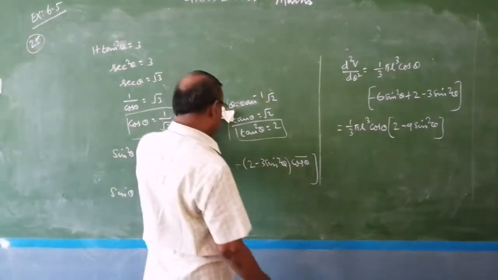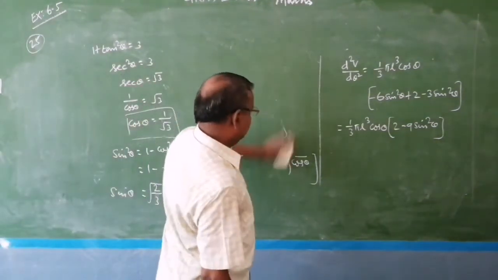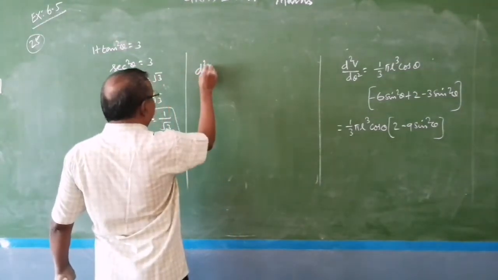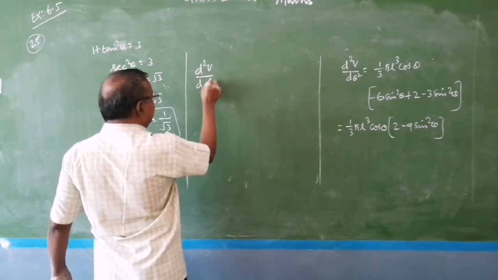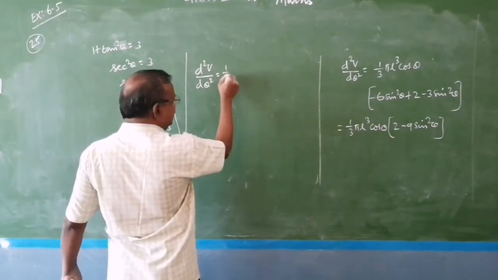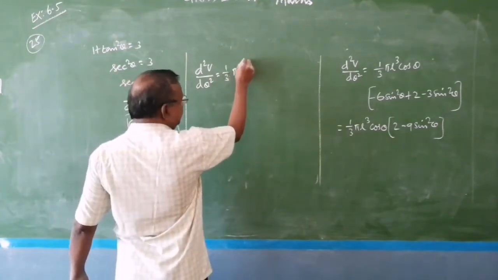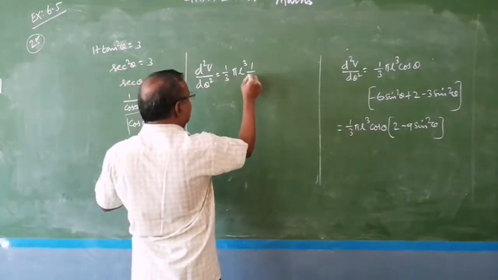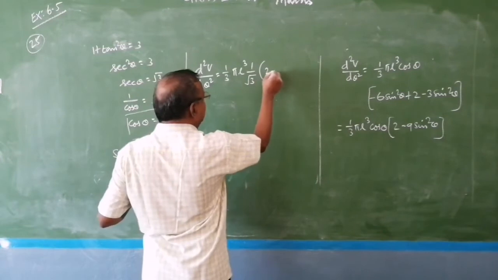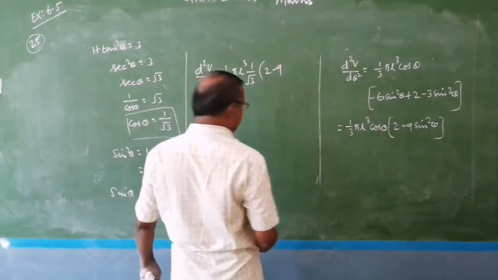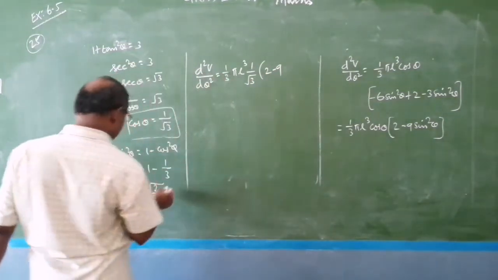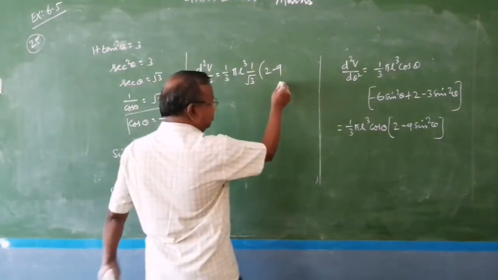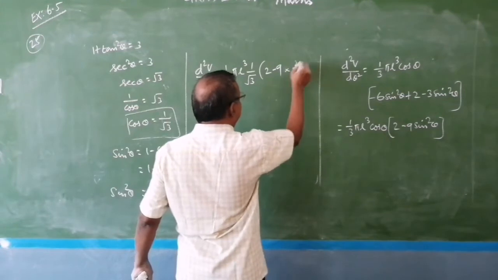Now substituting this value, d square V by d theta square equals 1 by 3 pi L cube, cos theta is 1 by root 3, into 2 minus 9 sin square theta, where sin square theta equals 2 by 3, and 9 into 2 by 3.